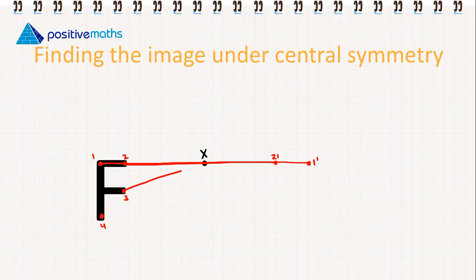There's 3, and with 4. So now we have found the image of the letter F through central symmetry.